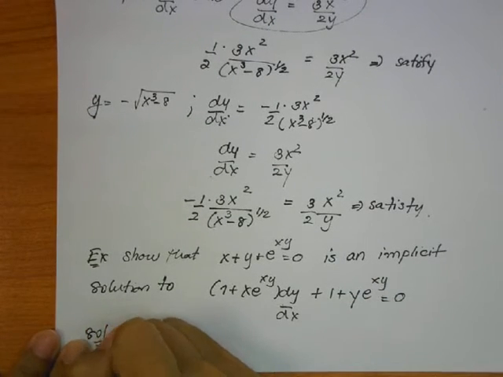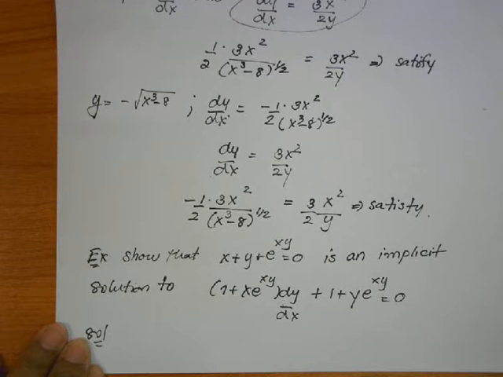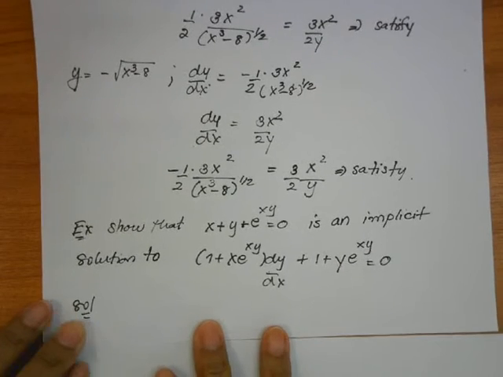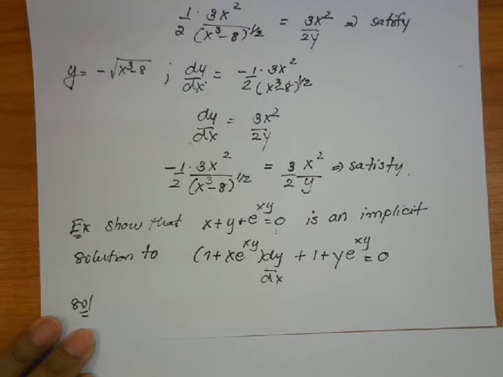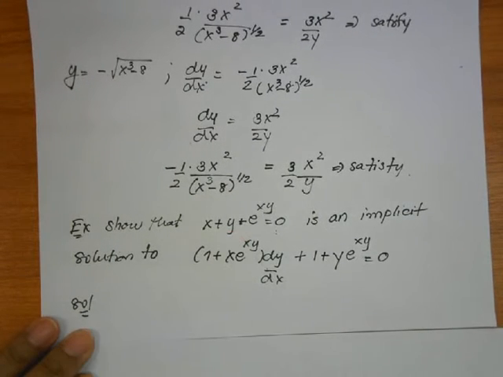Now, if you look at this solution, it says x plus y plus exponential of xy equal to 0. You have only one solution here. But it is implicit because you can't write y in terms of x only. Here, y always goes with a function of x and y. This is very implicit, right?